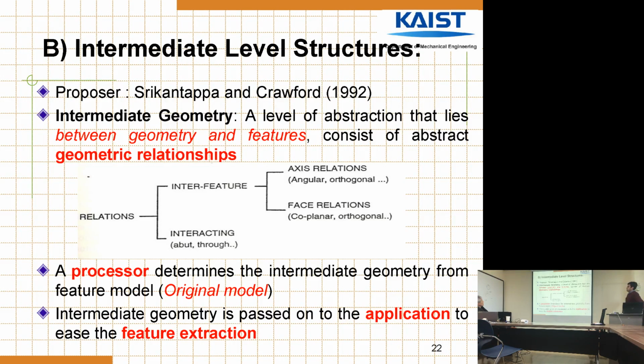We know that the feature definition is actually a geometric shape that has some engineering significance. So engineering significance is added or packaged. So here it is packaging certain geometric and topological relationships which change with the viewpoint. So intermediate geometry actually is a level of the model which has these relationships.